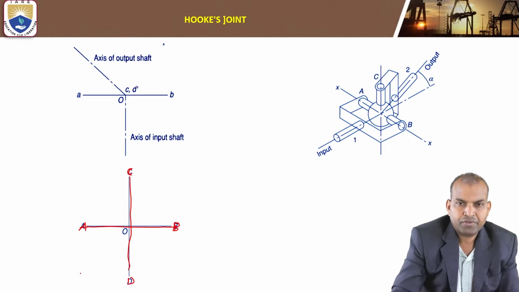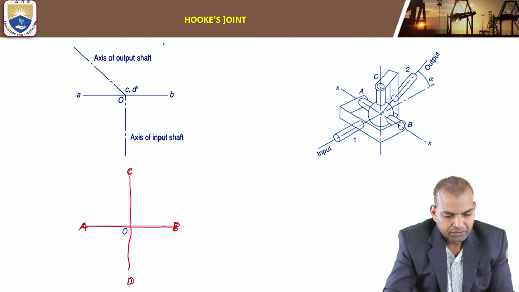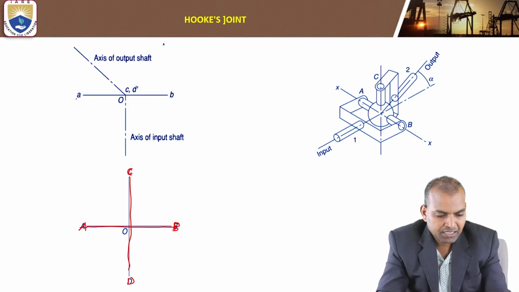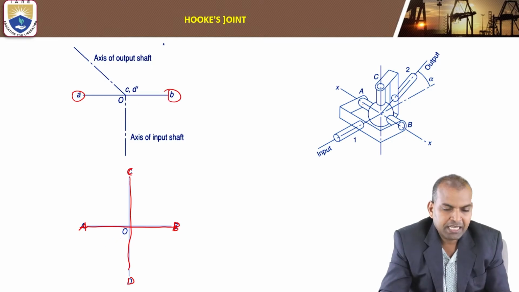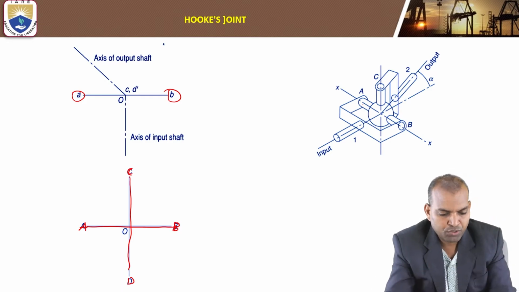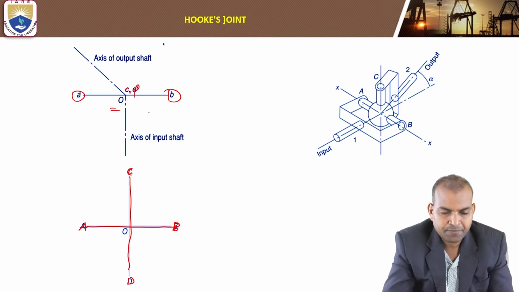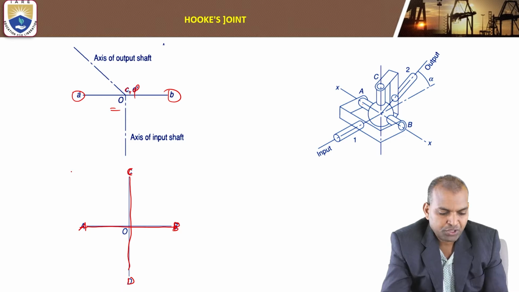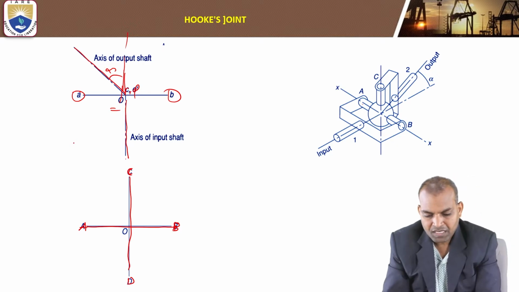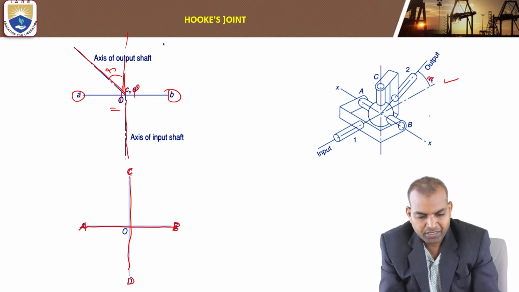When viewed from the top view, the letters AB become small letters a and b, and CD in top view is perpendicular, so C and D coincide at point O. Then the angle of inclination of the shaft: this is the axis of the input shaft, and this is the axis of the output shaft. The angle between these two is alpha.